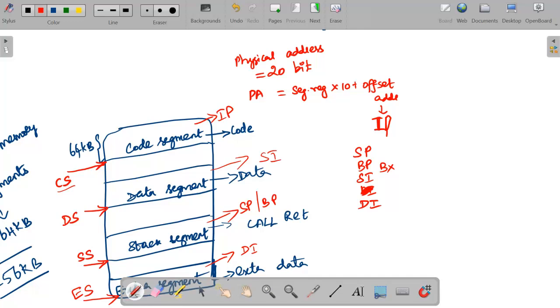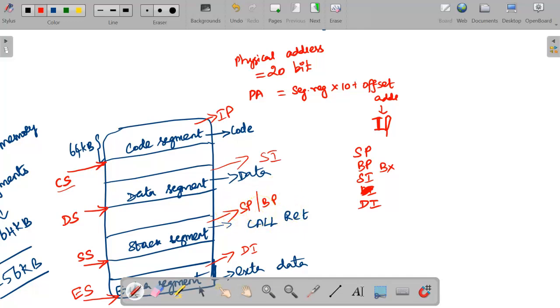So for the data segment generally we can use the offset address as BX, BP, SP, SI or DI, whatever it may be. But particularly if we are going for a string operation, then the data segment is related with SI and the extra segment is related with DI. If it is a stack related operation, the stack segment will use the offset address as SP and BP.